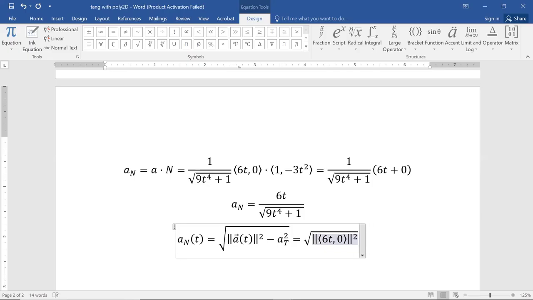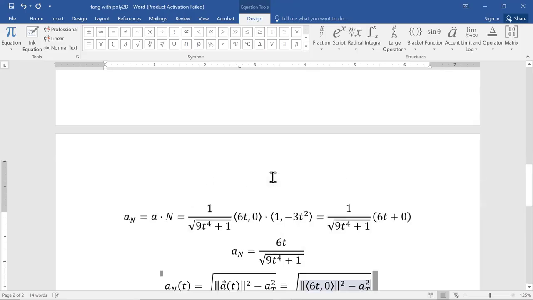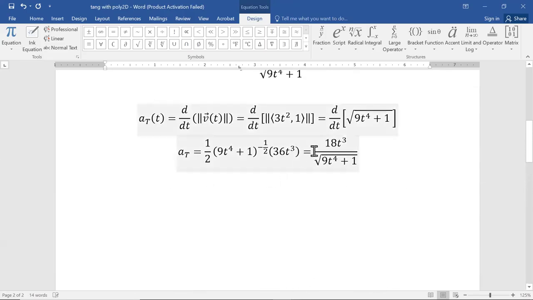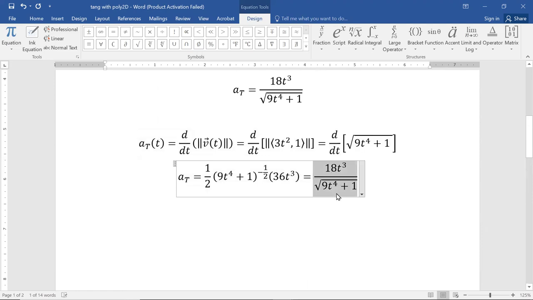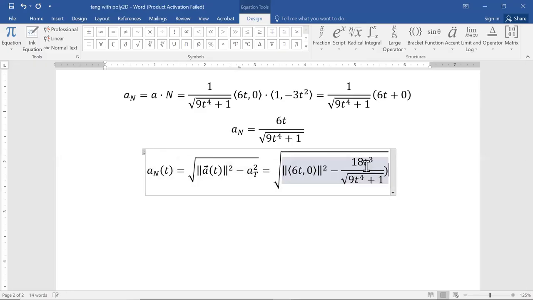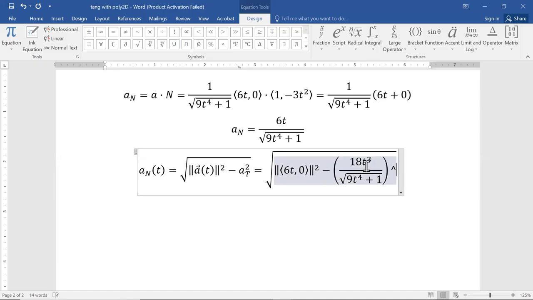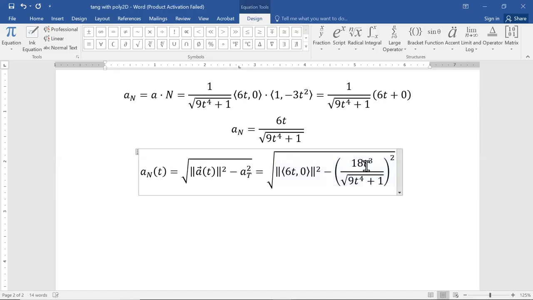Magnitude squared minus a sub t squared. And we had just found a sub t. It's this thing. So let me go through and replace that with the big expression, squared. And then it's a lot of algebraic simplification.